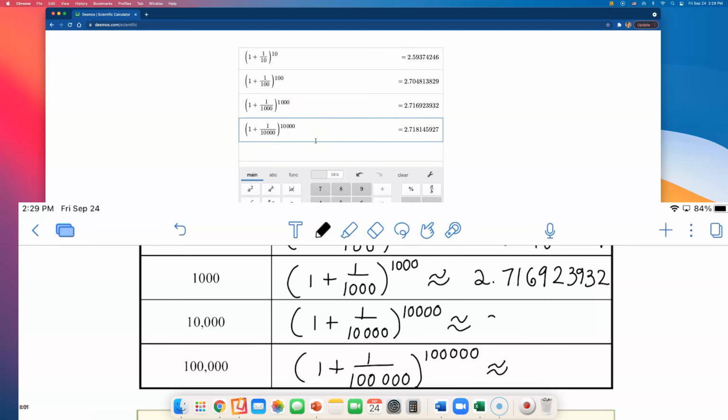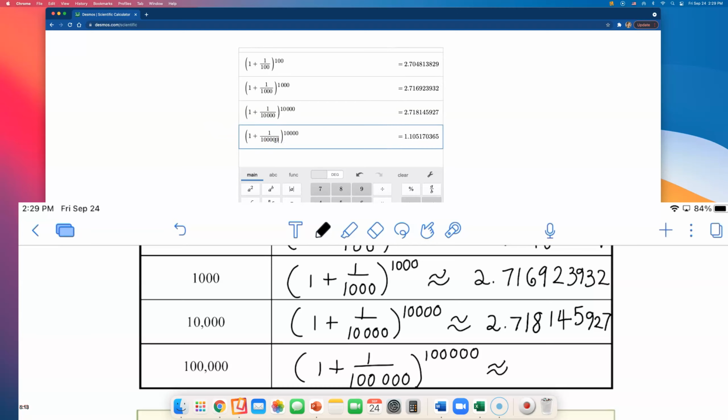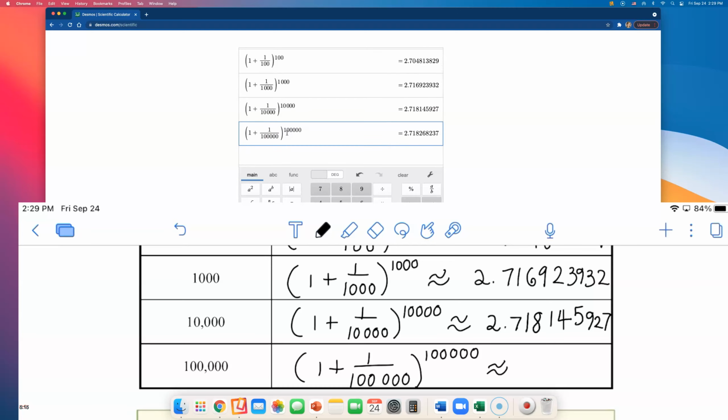It is now 2.718145927. All right, last one. Add another zero, add another zero. It comes out to be 2.718268237. Do you see the pattern?